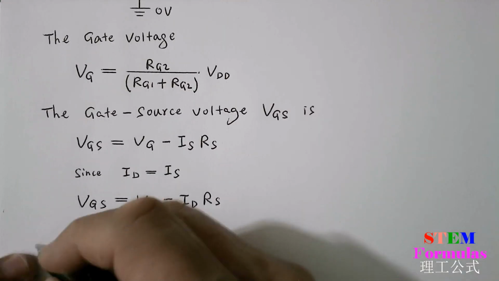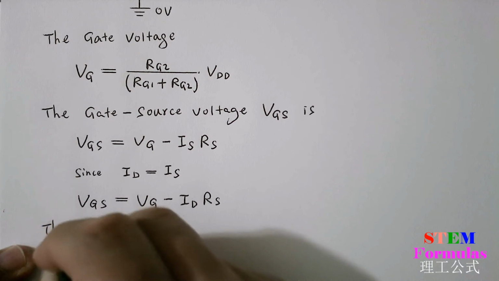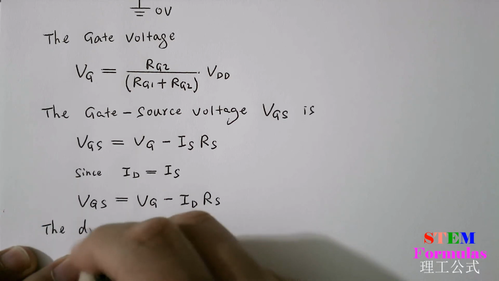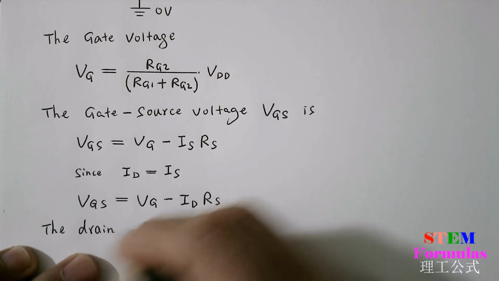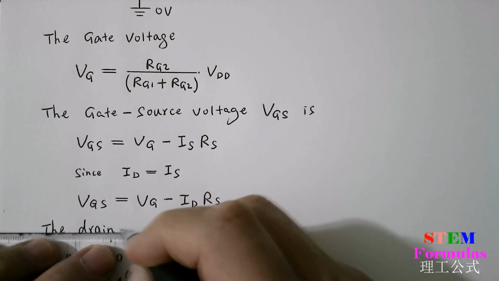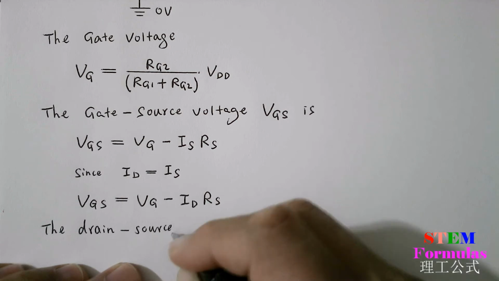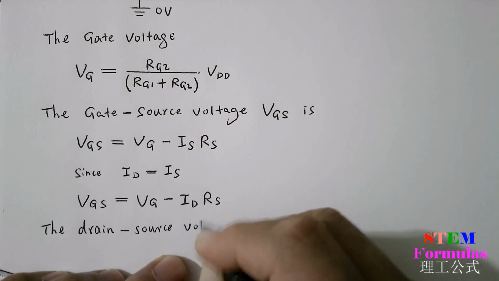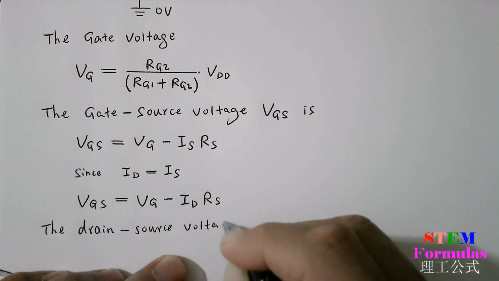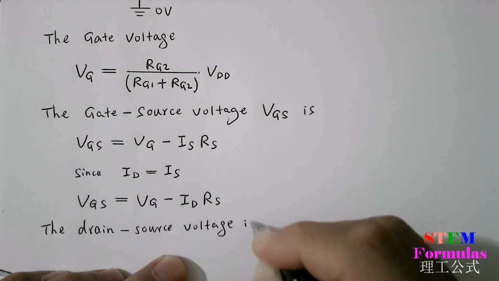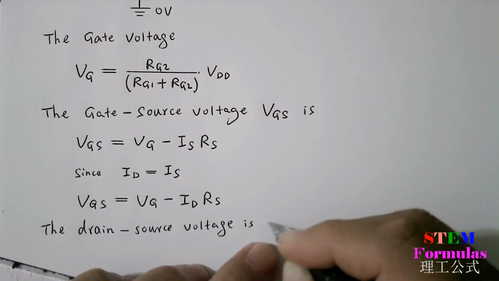Now the drain source voltage is obtained.